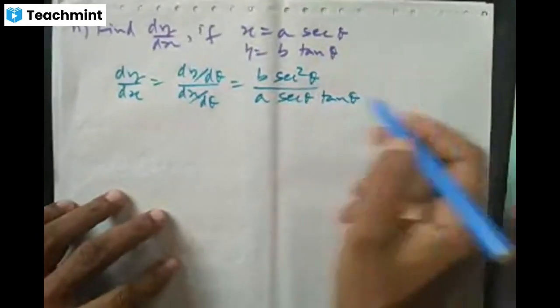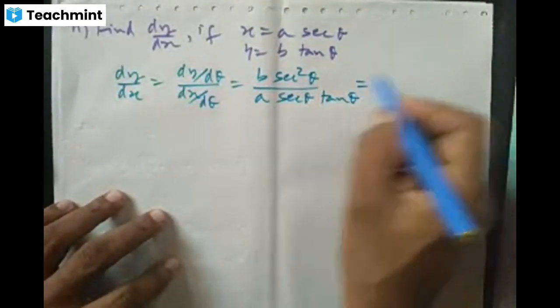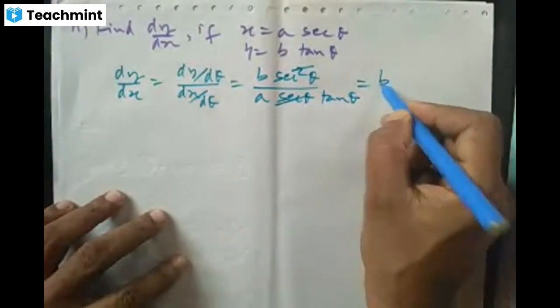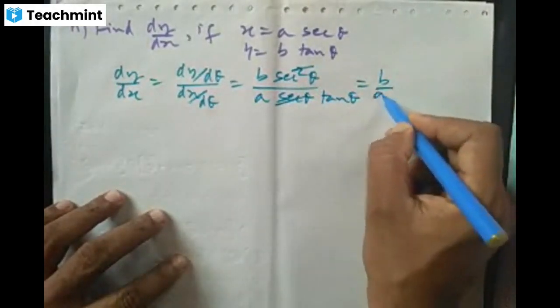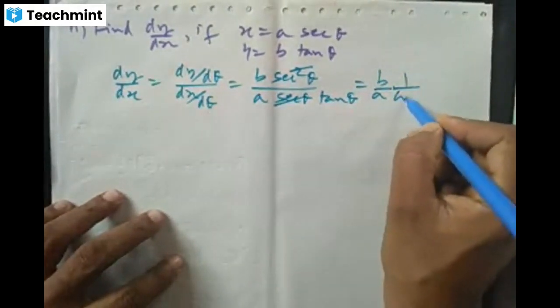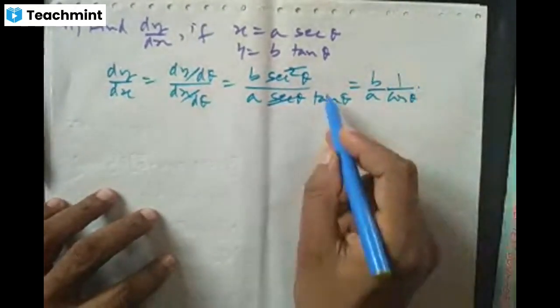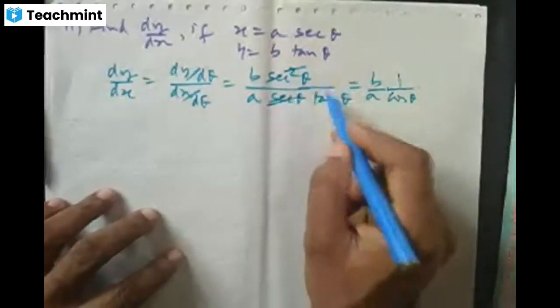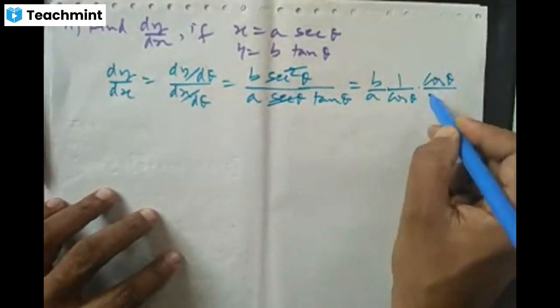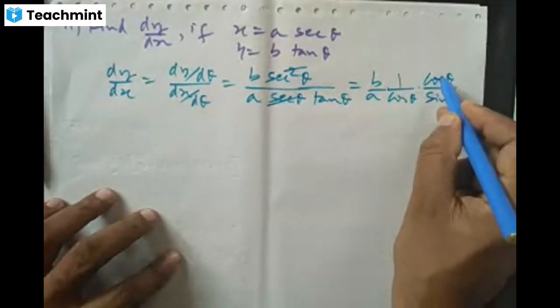Simplify this, which is equal to, here I can cancel out secant theta and secant theta, right? So b by a into secant theta is 1 by cos theta, right? Next, 1 by tan theta is cot theta. Cot theta is cos theta by sin theta. Correct?